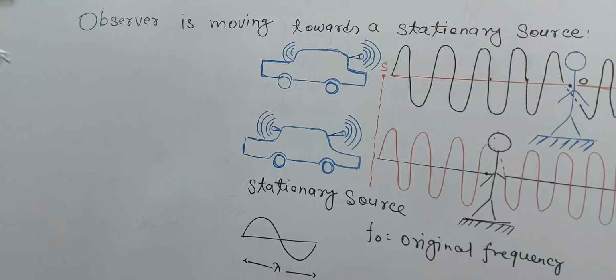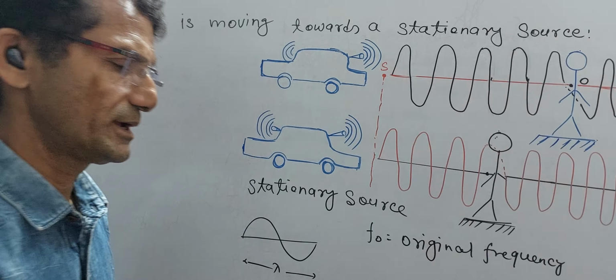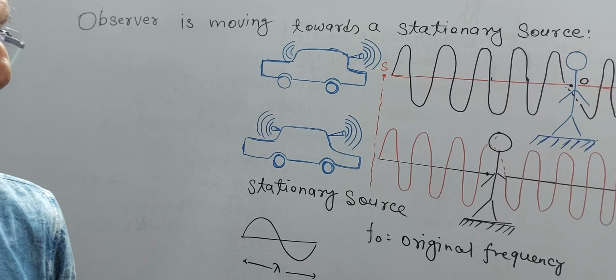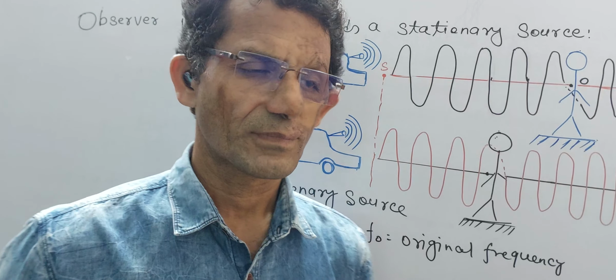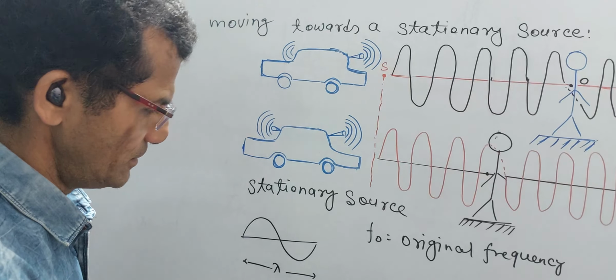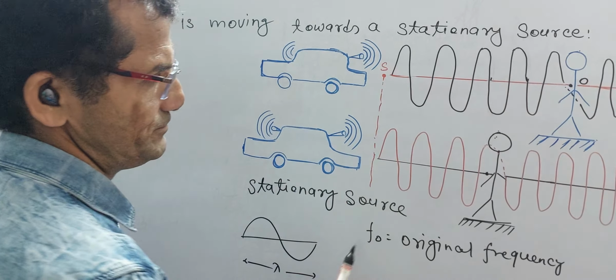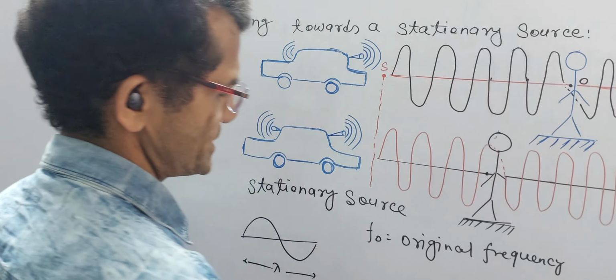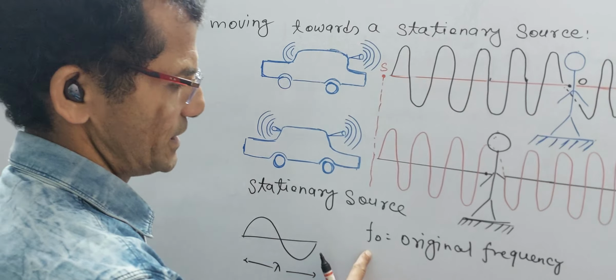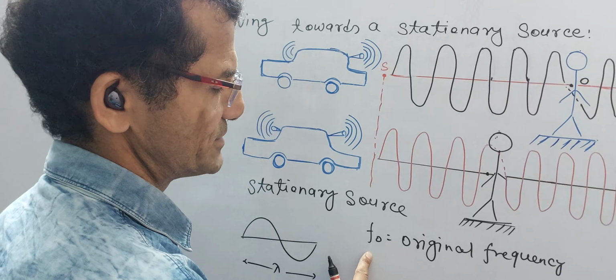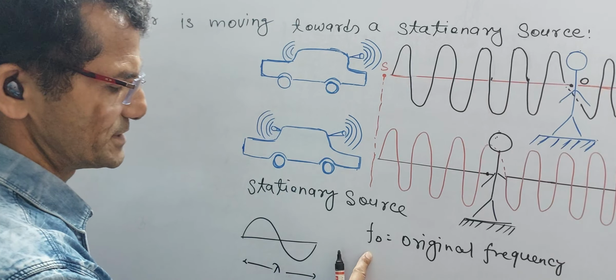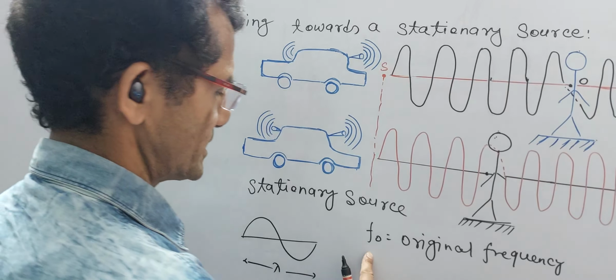By the definition of frequency, we know that the number of waves traveling in 1 second is known as the frequency. Now in 1 second, suppose the observer receives, and both are at rest, f0, that is the value of frequency, in 1 second.